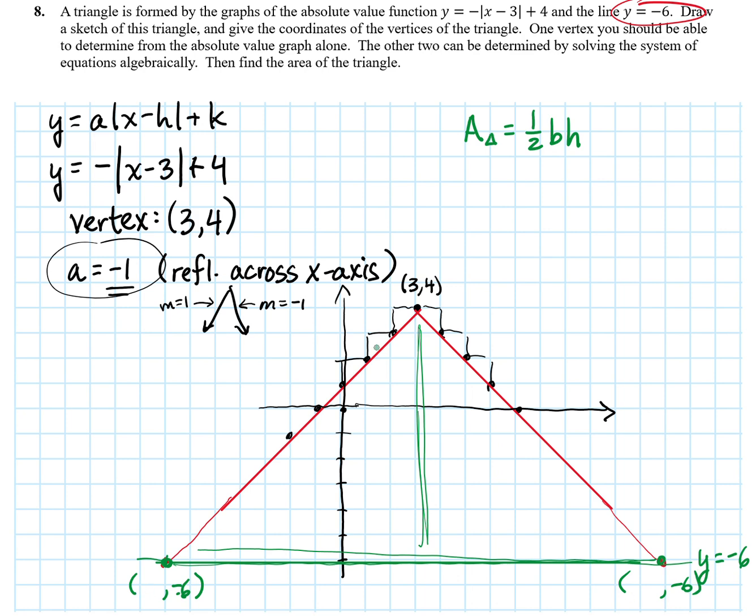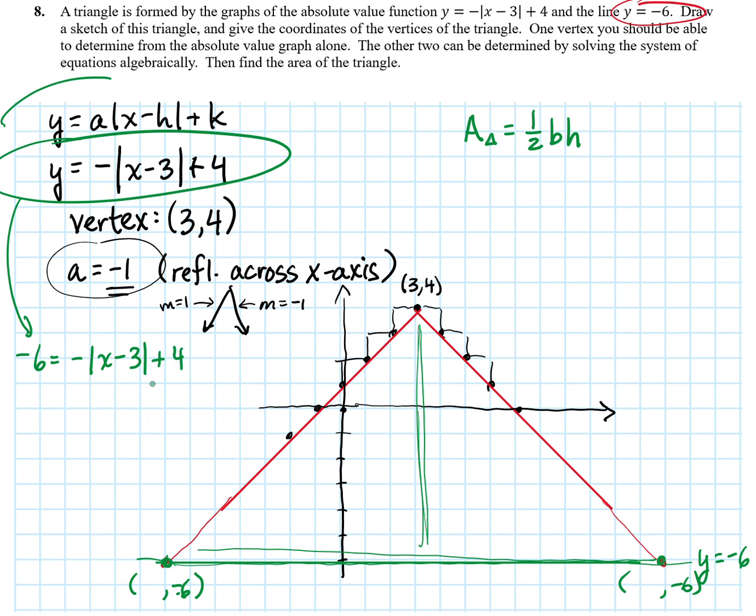So they're also on the red graph, so you can plug them into this equation up here. y equals -6, and so -6 is negative absolute value of x minus 3, plus 4. If I subtract 4 from both sides, I get -10 equals negative absolute value of x minus 3. I can multiply both by -1 to get positives.